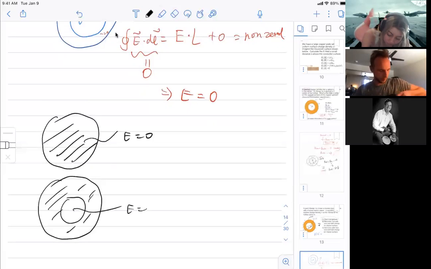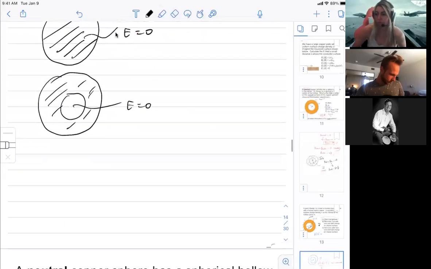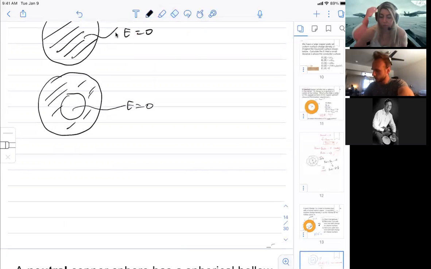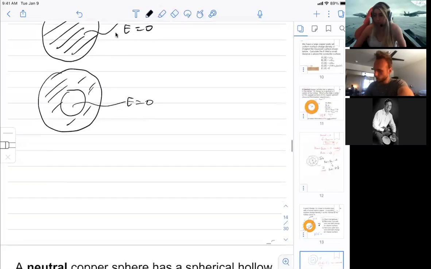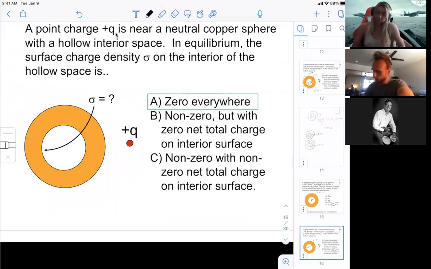Nothing happens to the inside. This will have charges only if you put a little charge inside, then the E inside will be non-zero. But if you don't put any charges in the middle, the E will continue to be zero inside, regardless of what's happening outside. Inside is always shielded from the influence of the outside. So this question is zero everywhere.